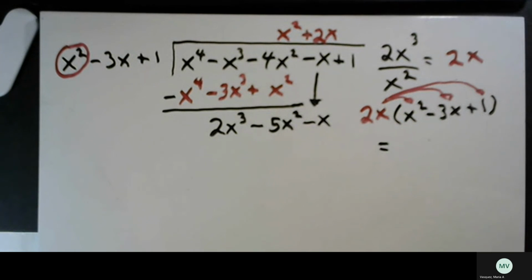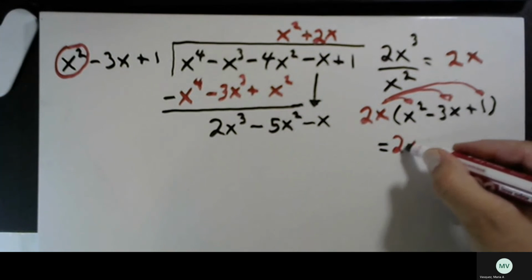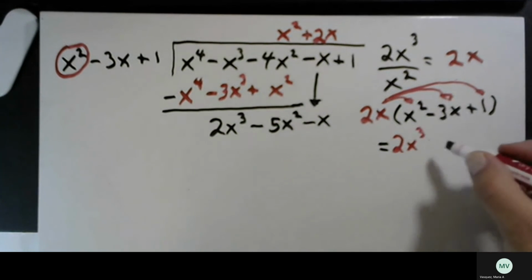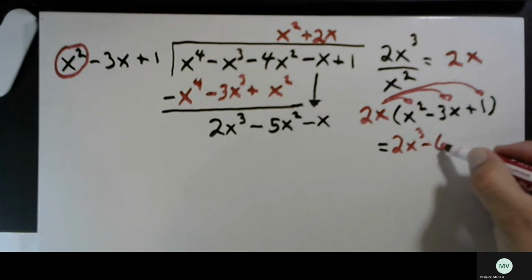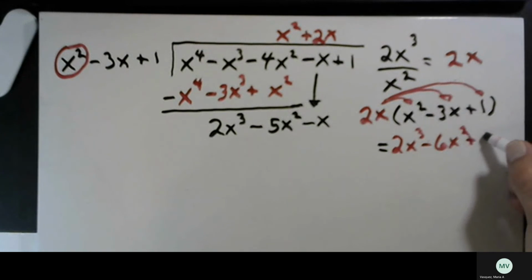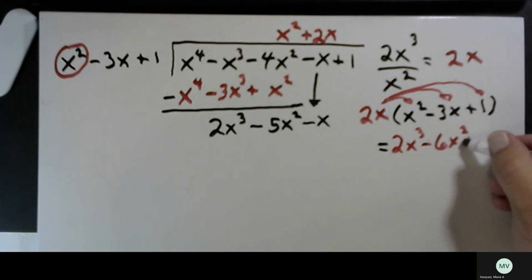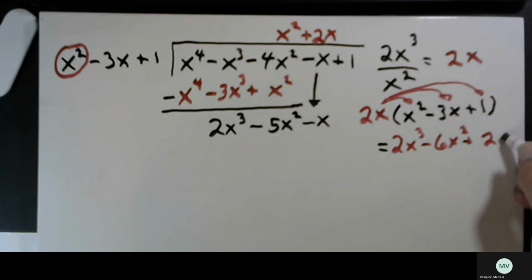Distribute that 2x. We'll have 2x cubed minus 6x squared plus 2x.